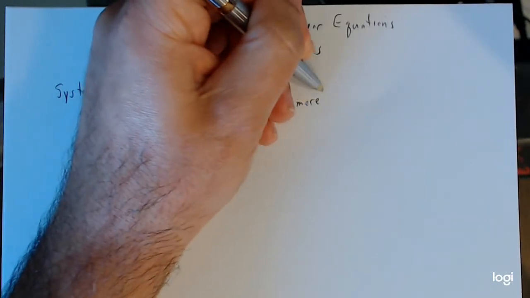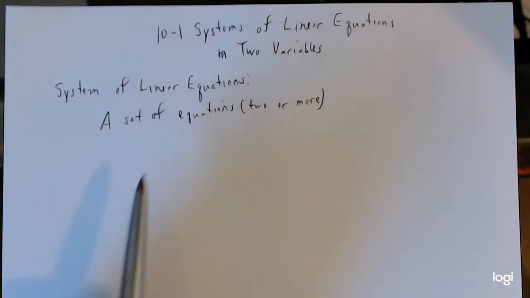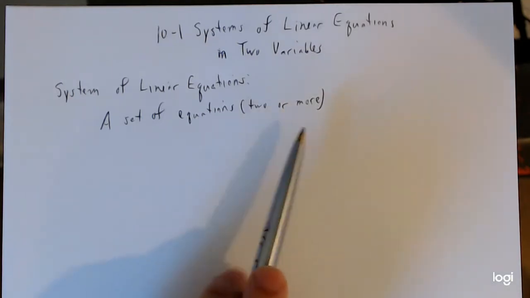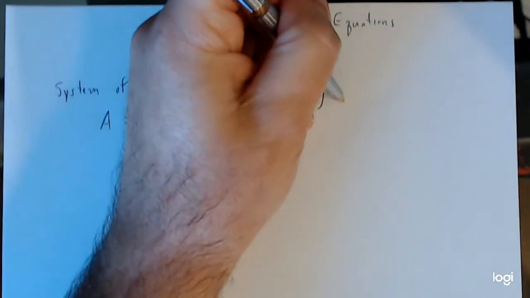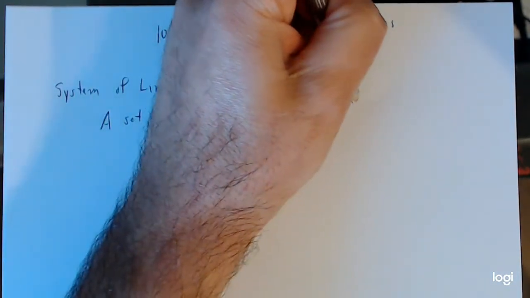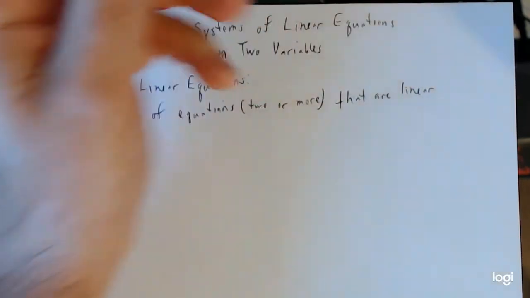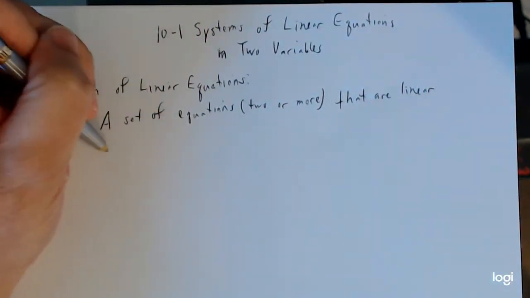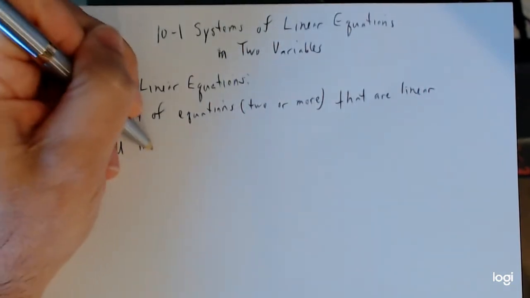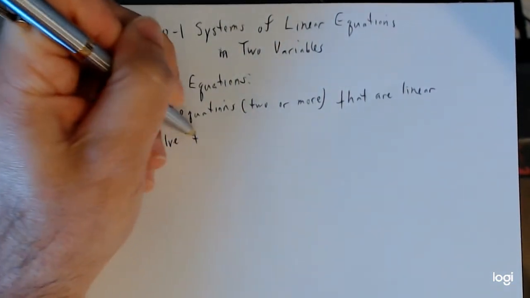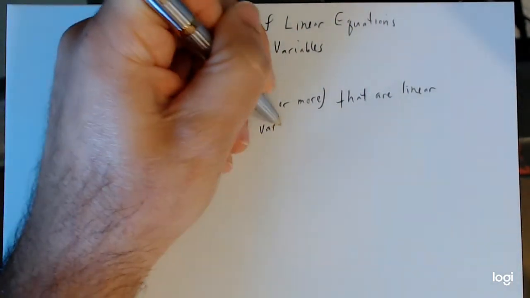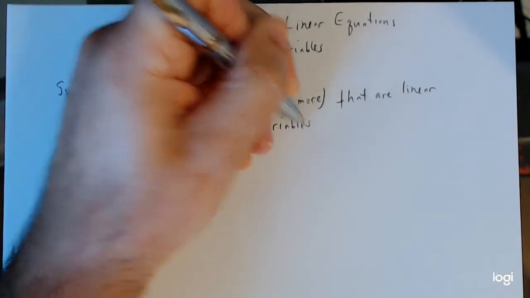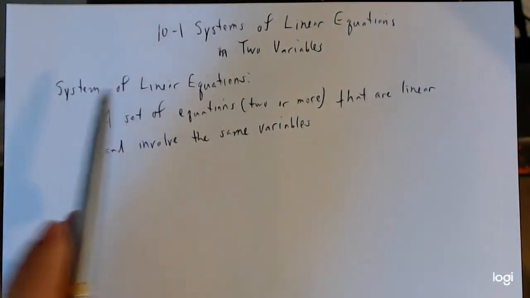So anytime we talk about a system of equations, we're talking about a set of any number of equations, but we know that we have at least two equations that are linear and involve the same variables. So what we're trying to do here is see, we're dealing with the linear case.